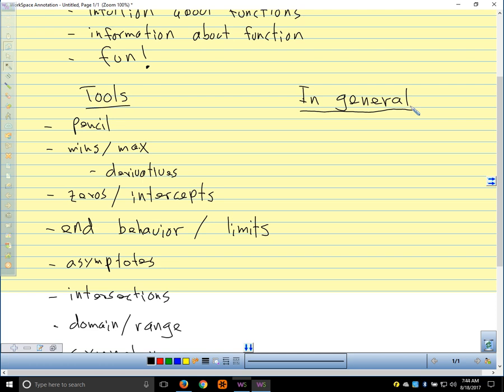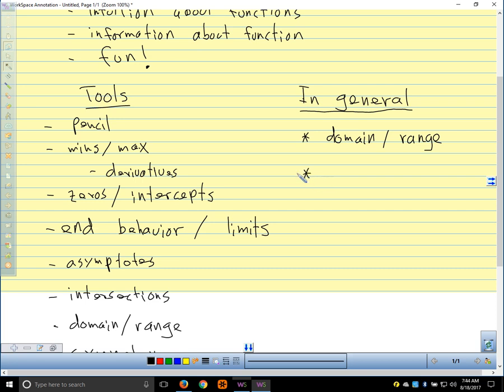So in general, I would suggest, and these aren't hard and fast rules, just my suggestions, look at the domain and the range. Just be aware of any restrictions in the domain, and be aware if there are any restrictions because of the form of the function, that the range only takes on certain values.